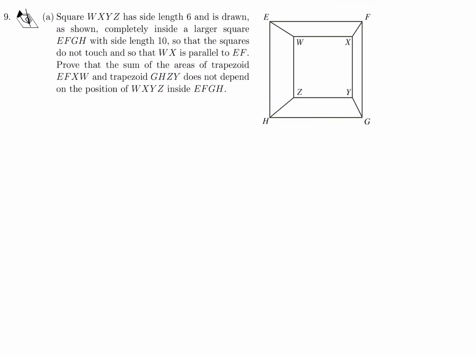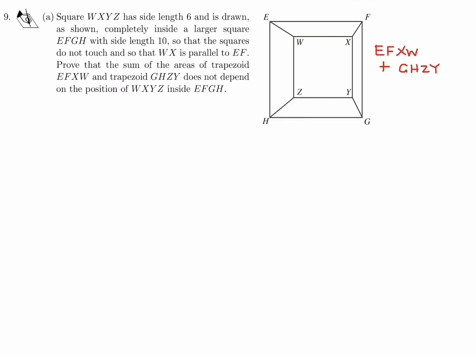They want us to prove that this sum, EFXW plus GHZY, is constant. Basically those are two trapezoids. The first one is obviously right here, and the second one, GHZY, is this guy down there.